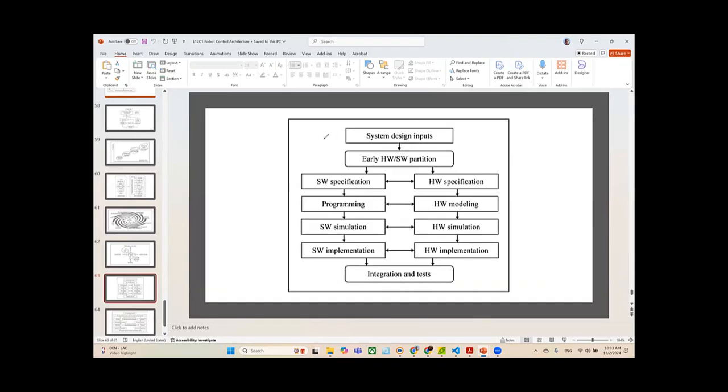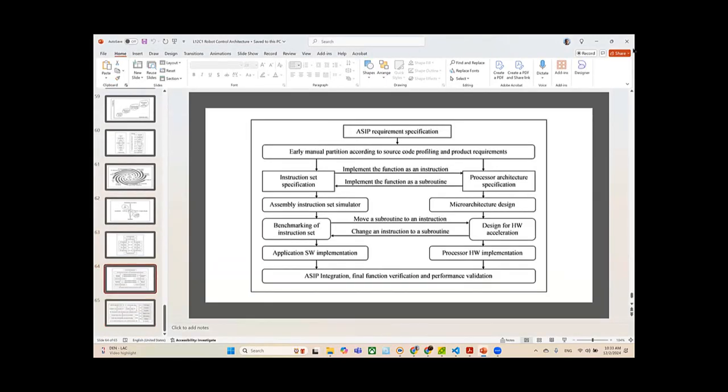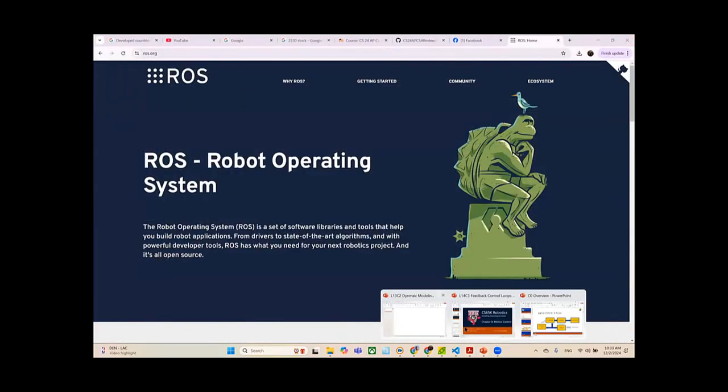This part is the so-called X major, electrical engineering and computer science. MIT and Berkeley both have X major. Anyway, this is chapter 12, the control part, control architecture.